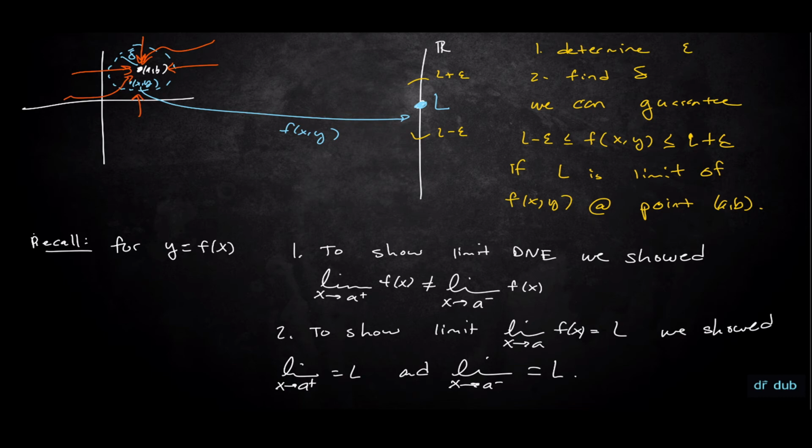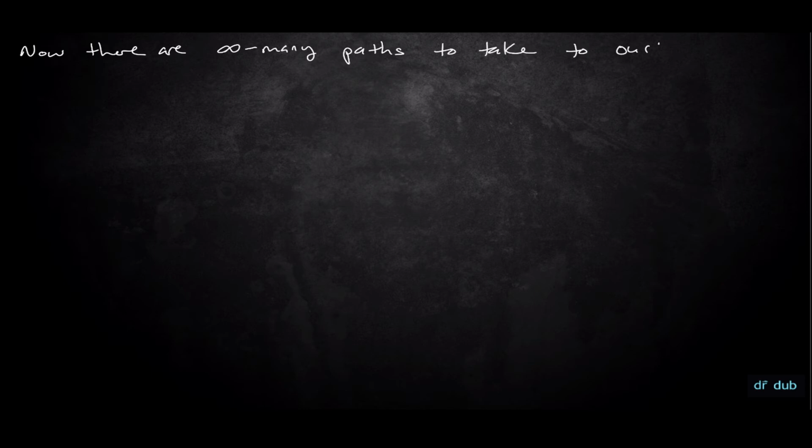So for us, in multivariable functions, there are infinitely many paths to take to our point a, b.